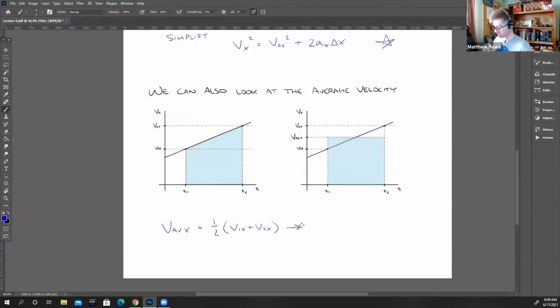Hopefully at this point we can see that we can make a way to find displacement. We could say delta x, it's the area under the curve. So I'm just going to write average x delta t like that.